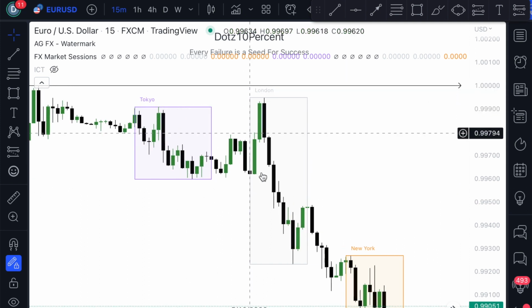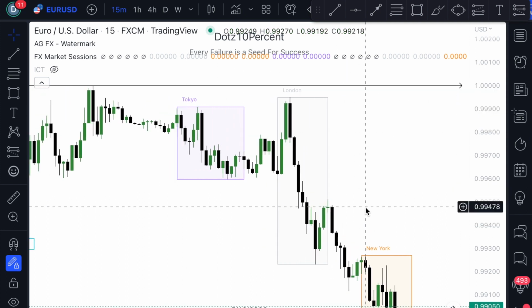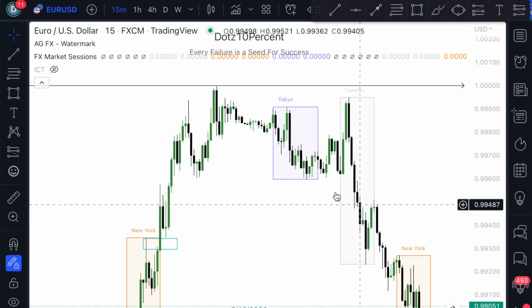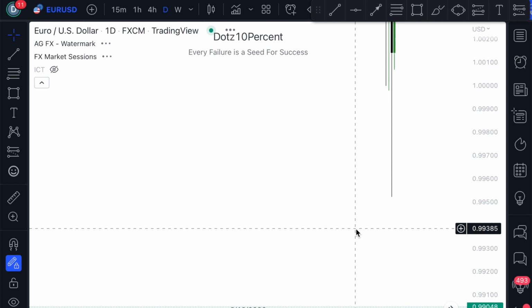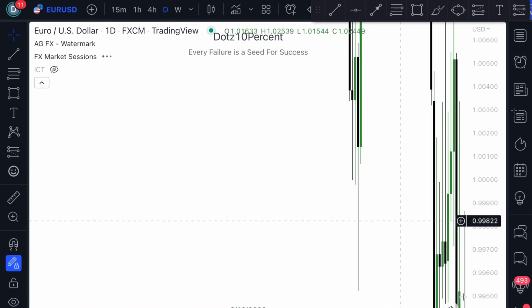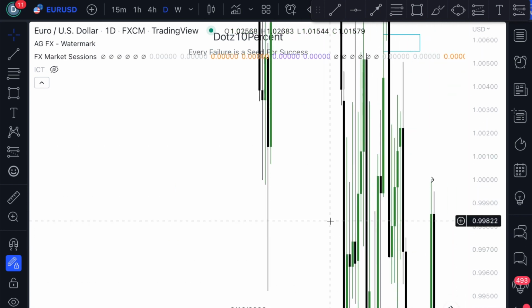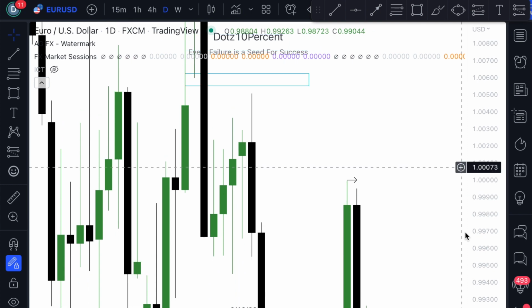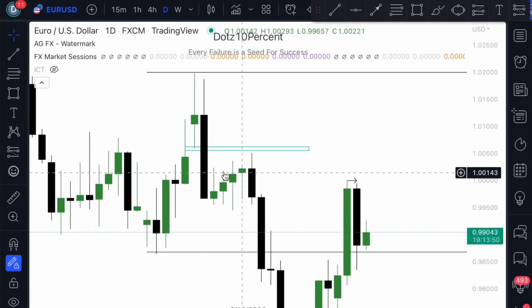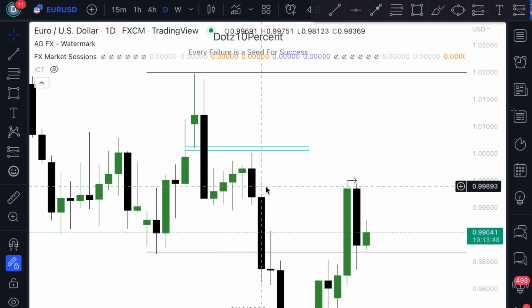That sweep funded this move lower, right? That's how I explained it in that lesson. So, what am I saying here? If your bias for the day is bearish, we just come here, you could have expected a bearish day as we traded into these order blocks, right?